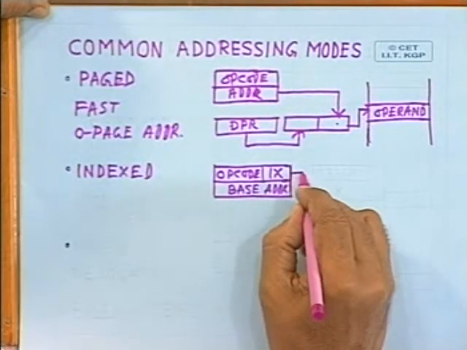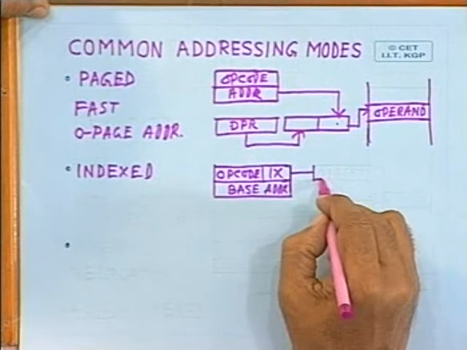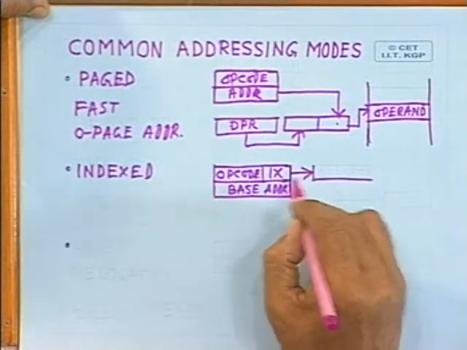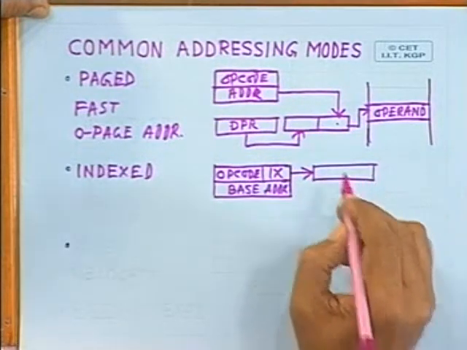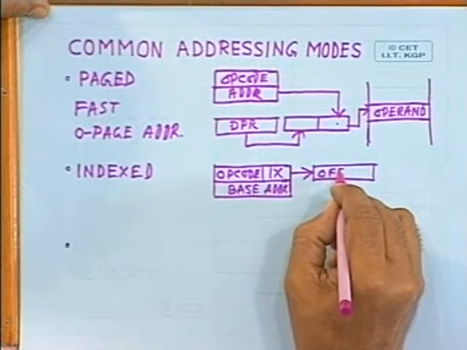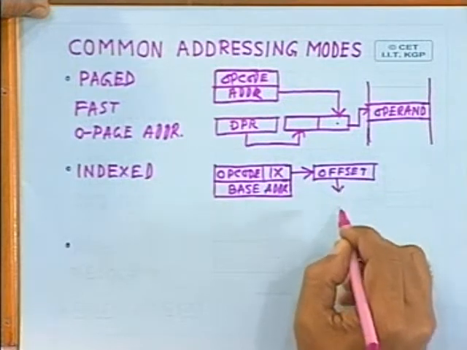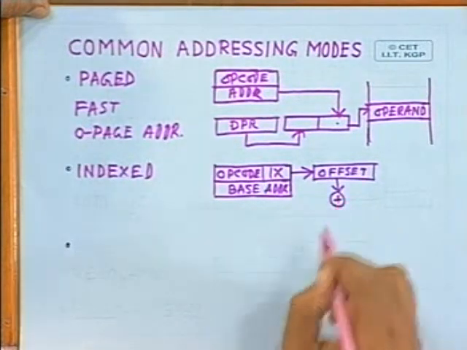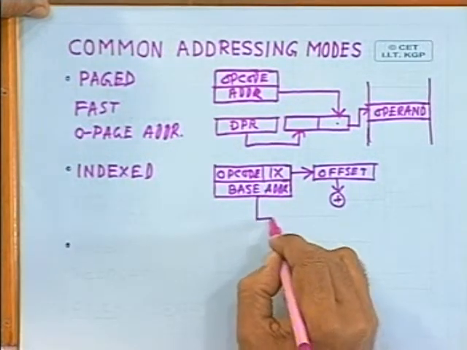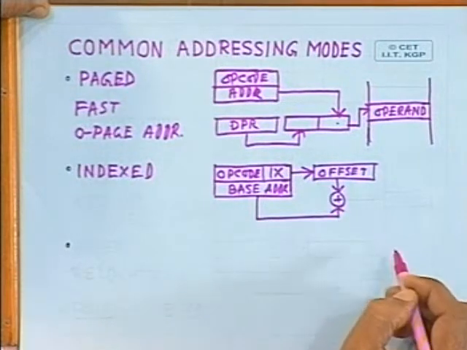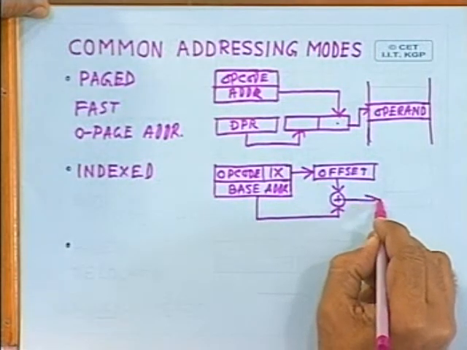The content of the index register is added to the base address provided as part of the instruction to generate the effective address.